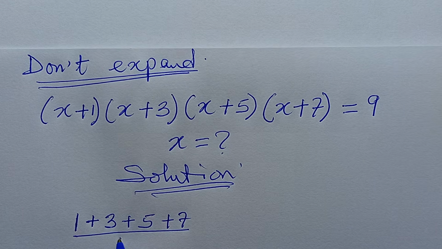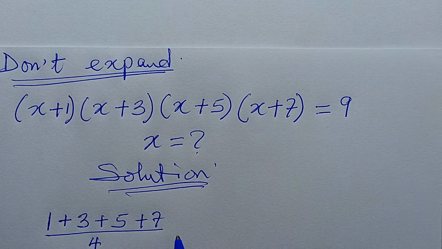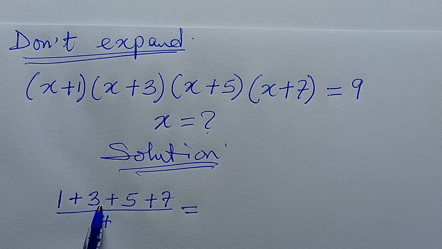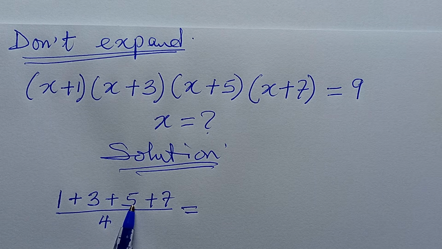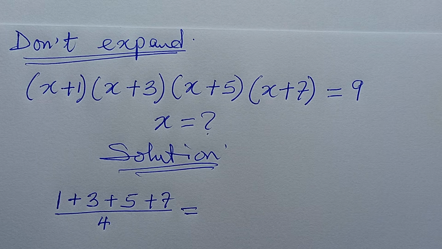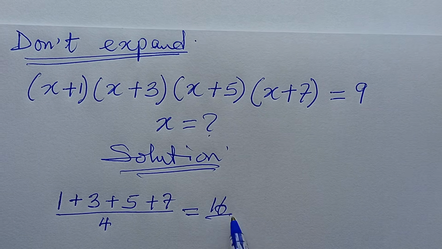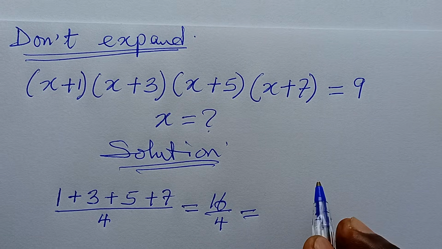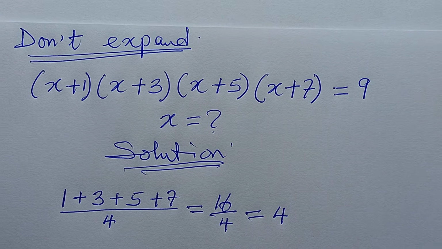We have 4 of them. So let's add up everything here. 1 plus 3 gives us 4, plus 5 will give us 9, then 9 plus 7 will give us 16, all over our 4. And if you use 4 to divide 16, that will give us 4, right?